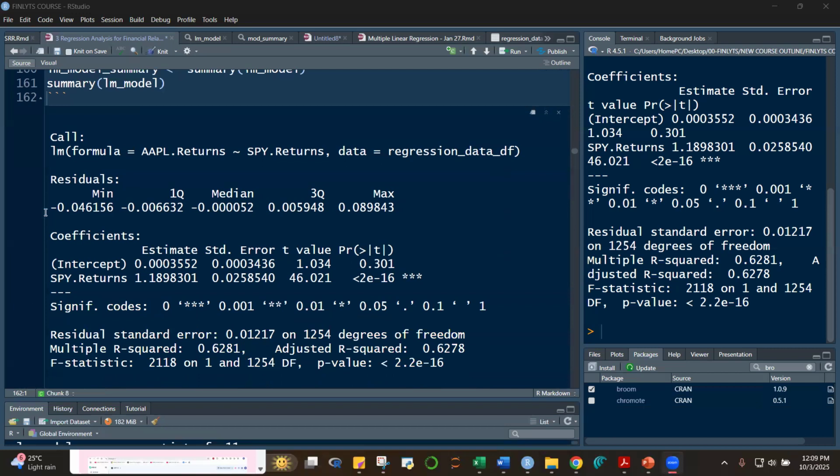Now take a look at this result. The call portion, class, tells us the function that you used. So we were using the LM function. The formula is Apple returns associated with SPY returns. Data is equal to regression data df. And then here we have a six-number summary about the residuals. This is very important.